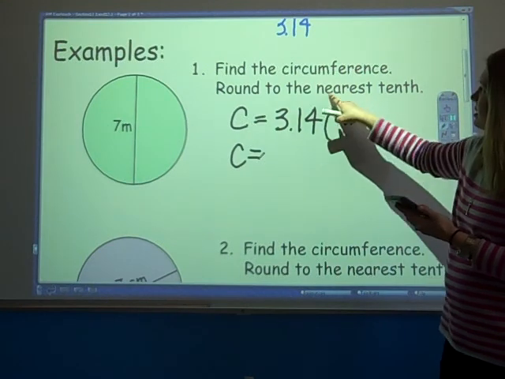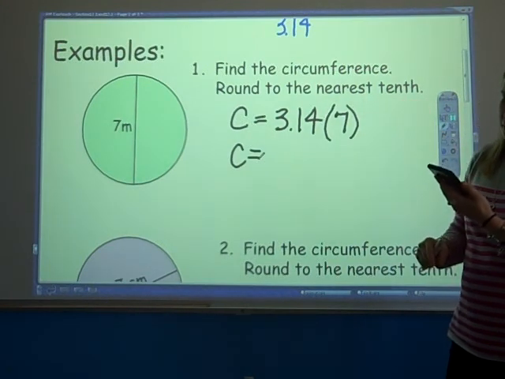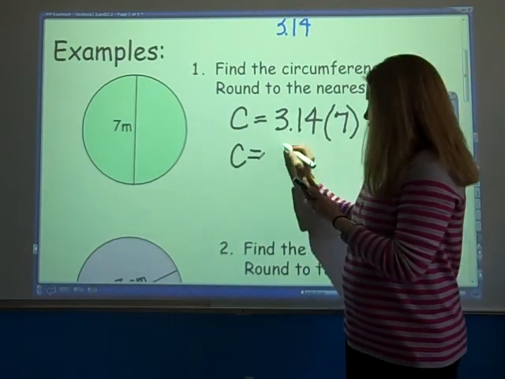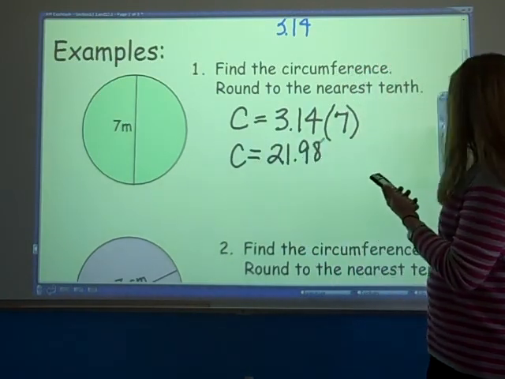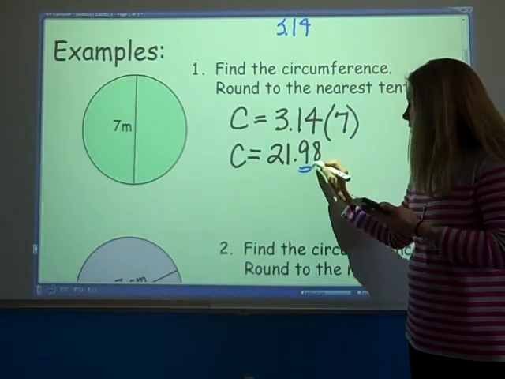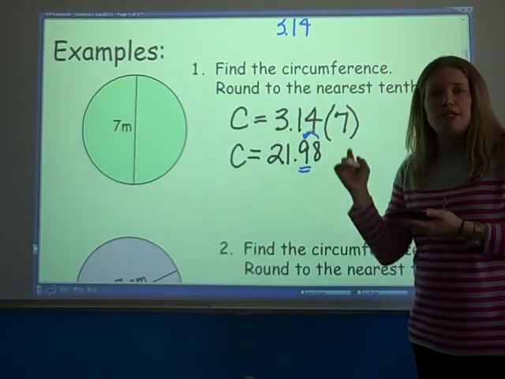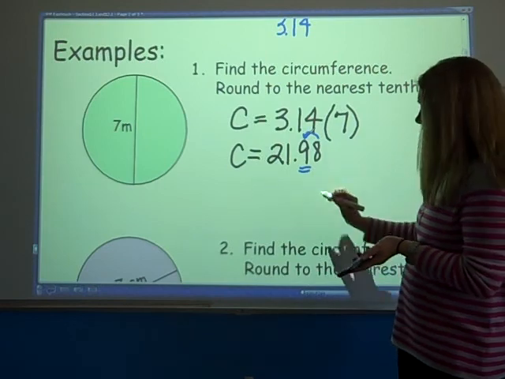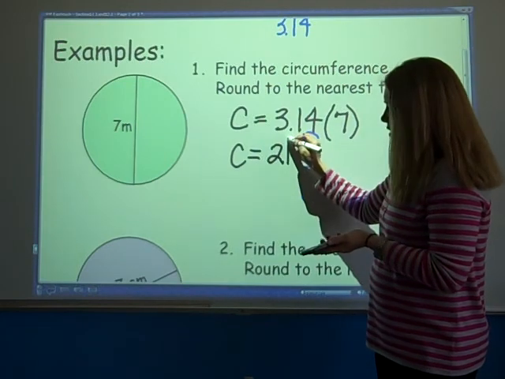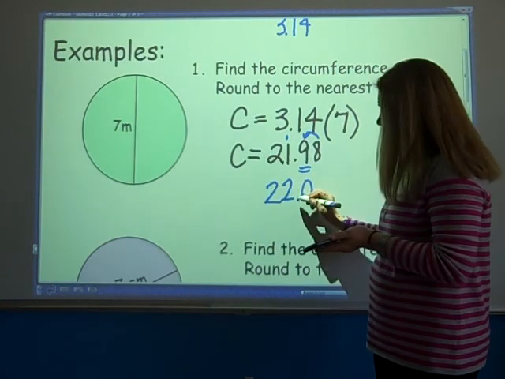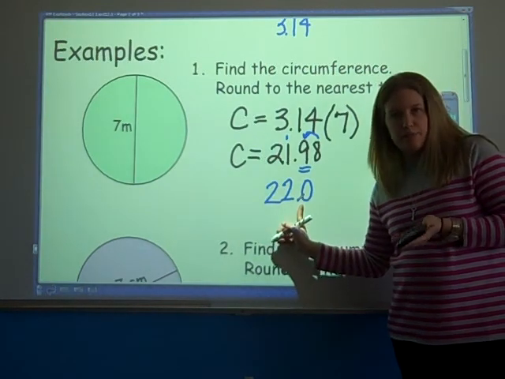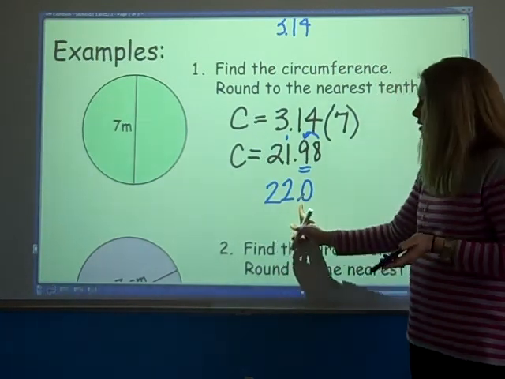It says round to the nearest tenth, and when you type this in your calculator, you get 21.98. This is your tenth spot. This 8 would make that 9 go up 1, so it actually becomes a 10. So you put a 0, add a 1 here. 1 plus 1, you get a 2, so it becomes 22.0. You have to have the point 0 to tell me that you're rounding.